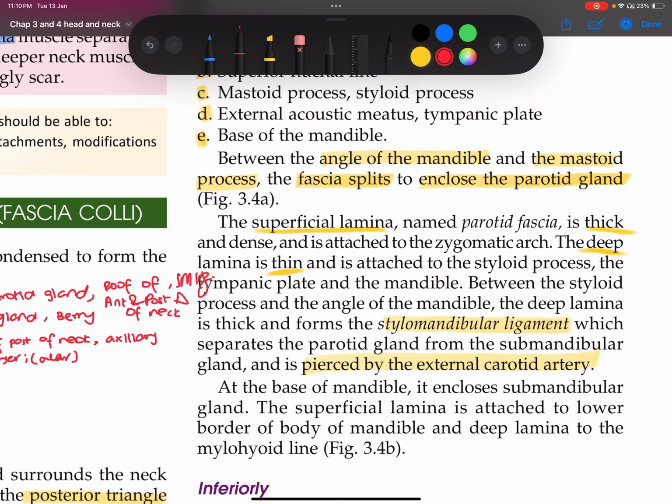So not just does it form the covering or fascia of the parotid gland, but it also forms the stylomandibular ligament between the angle of the mandible and the styloid process. So first we spoke about the mastoid process and mandible where it splits and encloses the parotid. Now we're talking about the styloid process and the angle of mandible. The deep fascia is thick and it forms the stylomandibular ligament. So styloid and mandible angle. So this is the stylomandibular ligament.